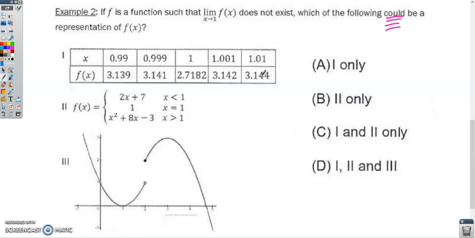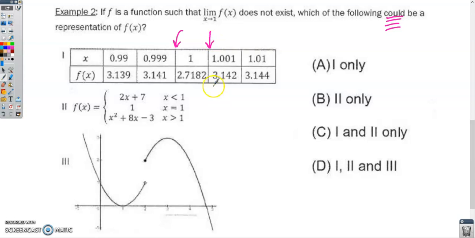But I will call you back to our lesson all the way back when we talked about estimating limits from tables of data. The thing is, we don't know what happens between 0.999 and 1, or between 1 and 1.001. We don't know for certain what happens.